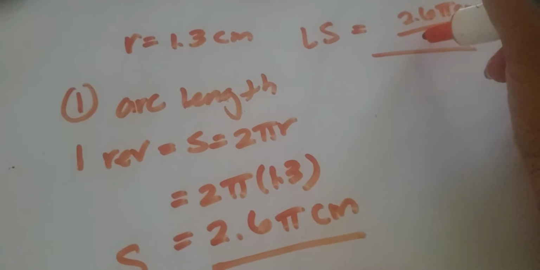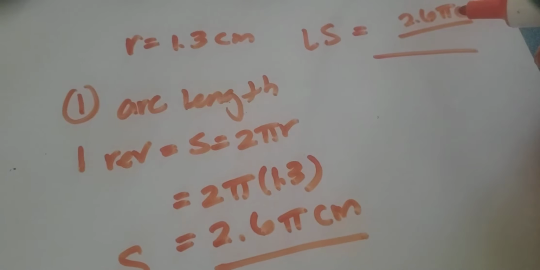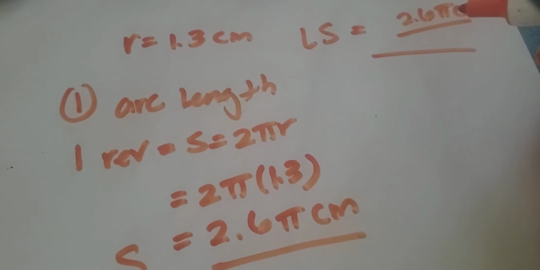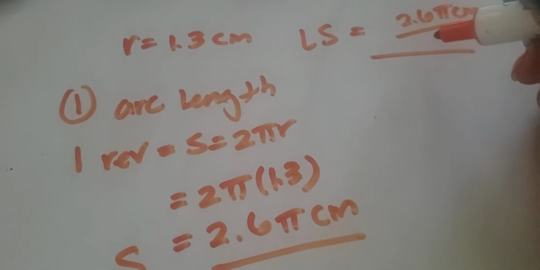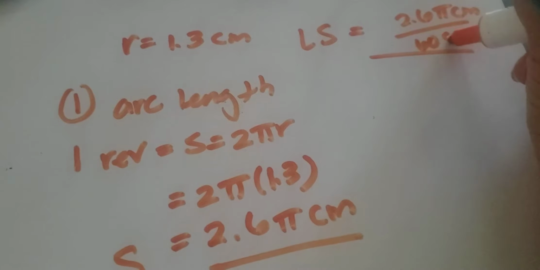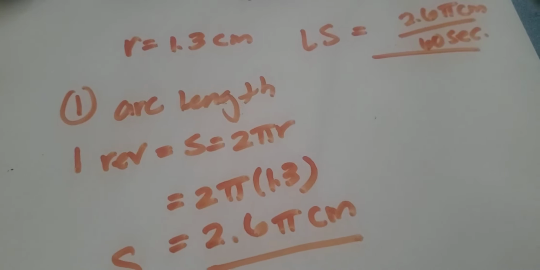And they did say they wanted us to find the linear speed of the second hand, okay? So 60 seconds. So all we're going to do is divide 2.6 pi centimeters by 60 seconds.